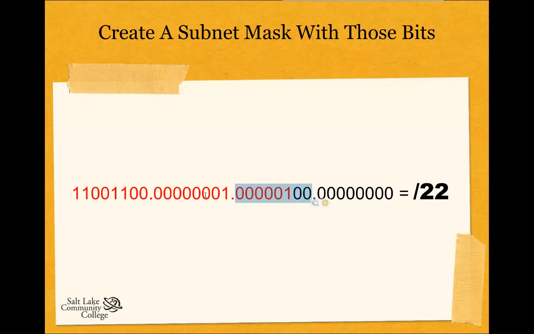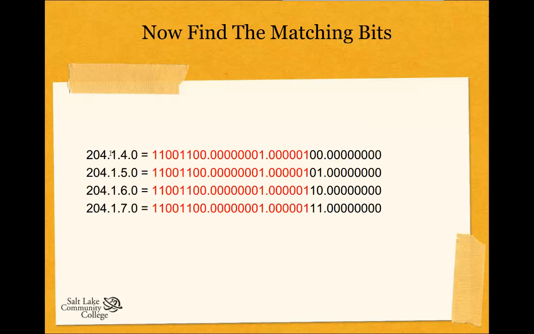So you don't have to write out all of these, and we're really not interested in this octet either. We're only interested in the octet where the numbers are different. So 4, 5, 6, 7, the third octet is the octet of interest. So in reality, you could just break out that octet and use the same method to find the summary route.